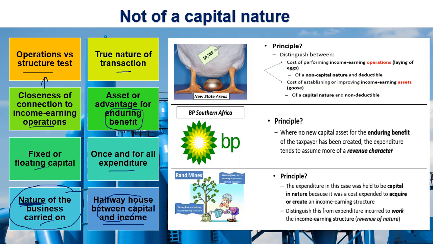Now, the court cases associated with capital in nature, there's 3: New State Areas, BPSA and Rand Mines. So New State Areas, if you look at the duck there, or the goose that laid the golden egg, this one is similar to our first test as well. We have to distinguish between the cost of performing income earning operations or the cost of establishing or improving income earning assets.